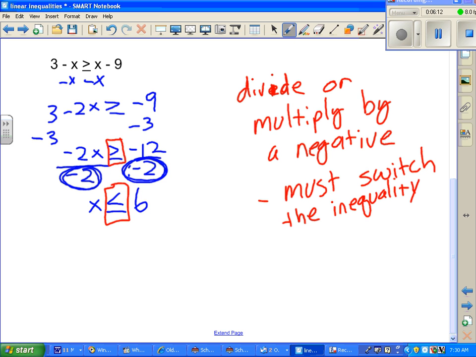That's very important. Lots of people forget about that. So you got to check every single time whether you're dividing or multiplying by a negative number. It doesn't matter with subtraction, but it does matter with multiplication and division. And in class, I'll show you why.